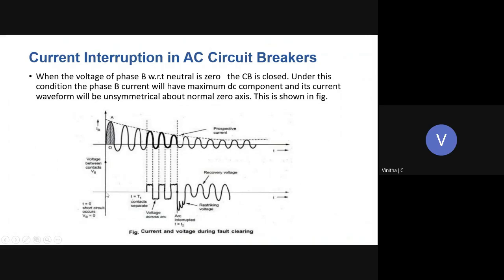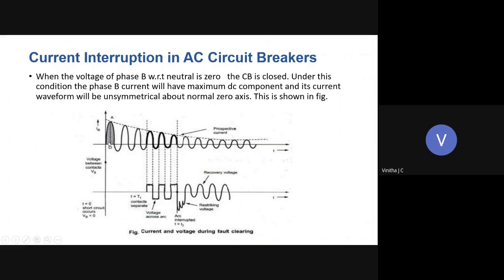The voltage with respect to the neutral point is equal to 0, because the short circuit has occurred. At the same time, the current is a very high value. This current is called the making current.